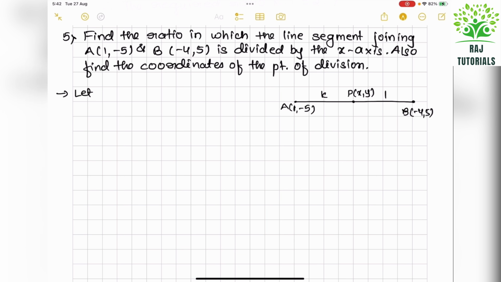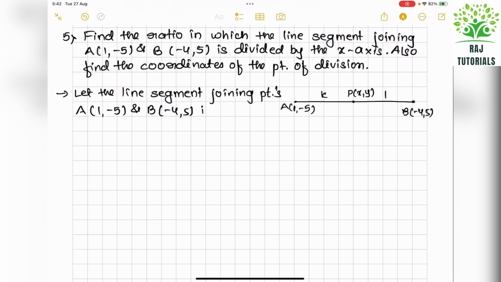So let the line segment joining points A (1, minus 5) and B (minus 4, 5) is divided by x-axis at point P (x, 0) into k is to 1 ratio.